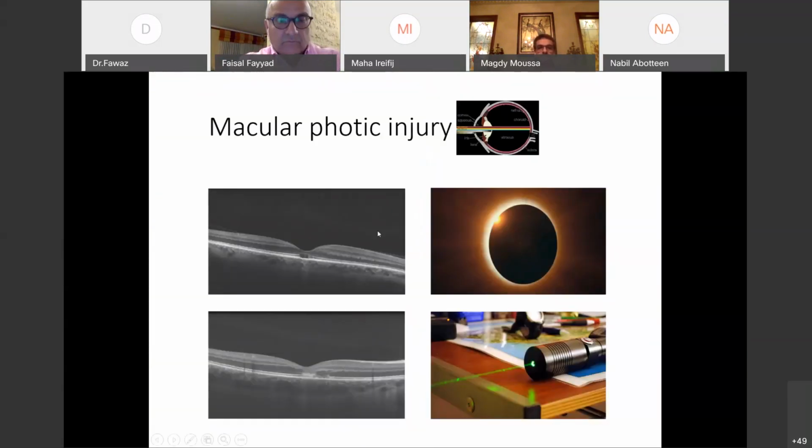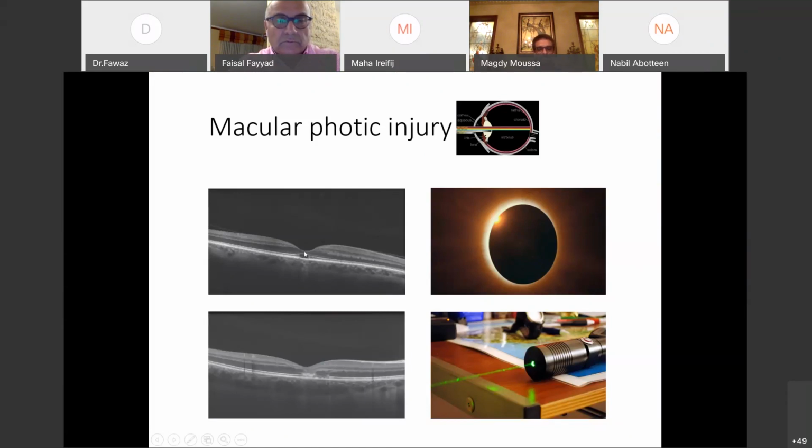Now, the last thing that I want to show you is macular photic injury, and especially the eclipse burn. Usually the eclipse burn in the OCT has a special criterion: a rectangular or square-shaped defect involving the photoreceptor layer and sometimes also the retinal pigment epithelium.